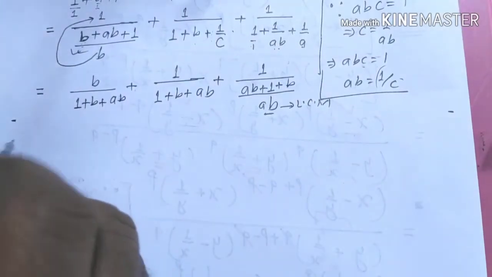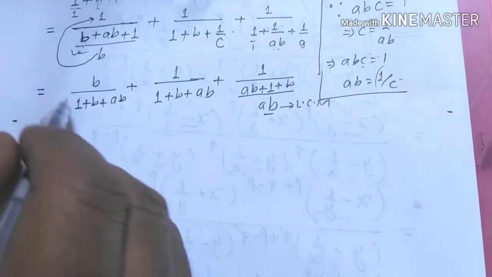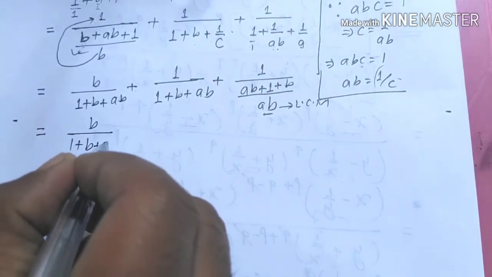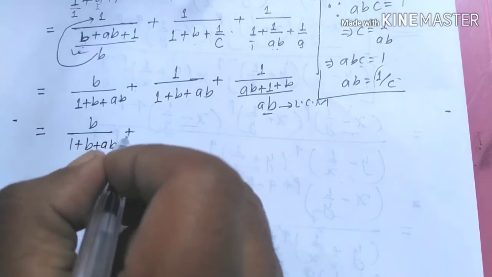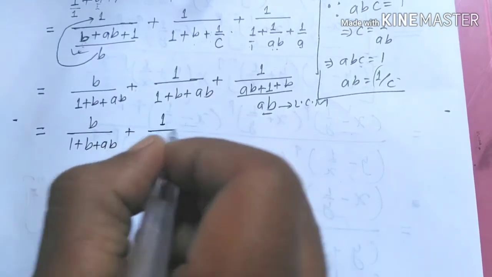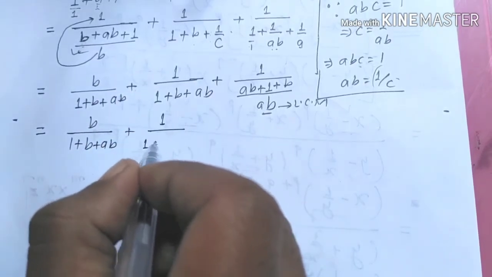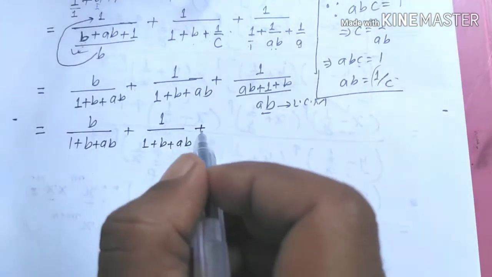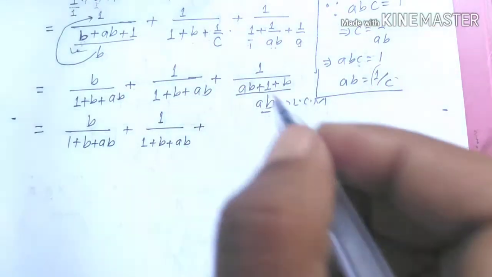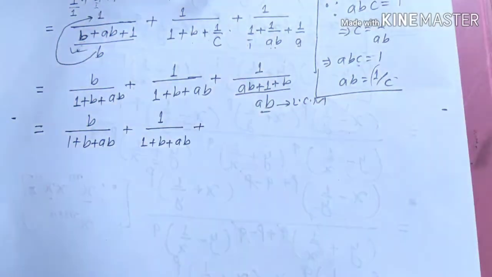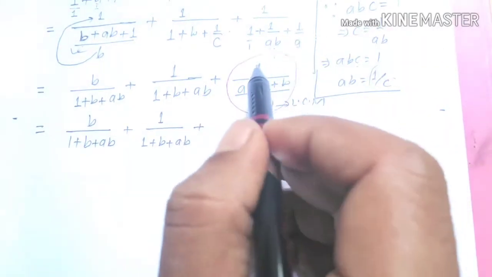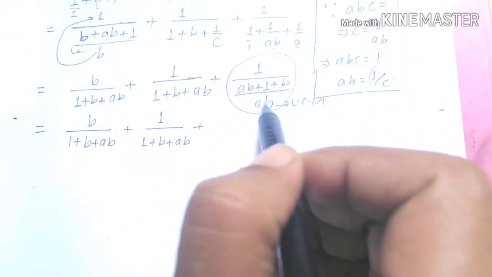Now you can see that this term is the same, 1 plus B plus AB, and here also the same, 1 over 1 plus B plus AB. And now in this term you can see 1 by this whole term by AB.